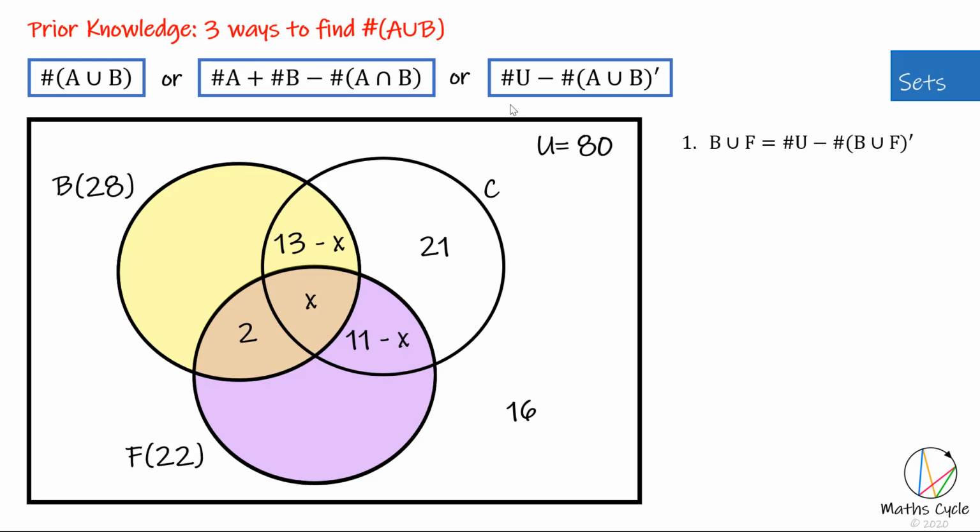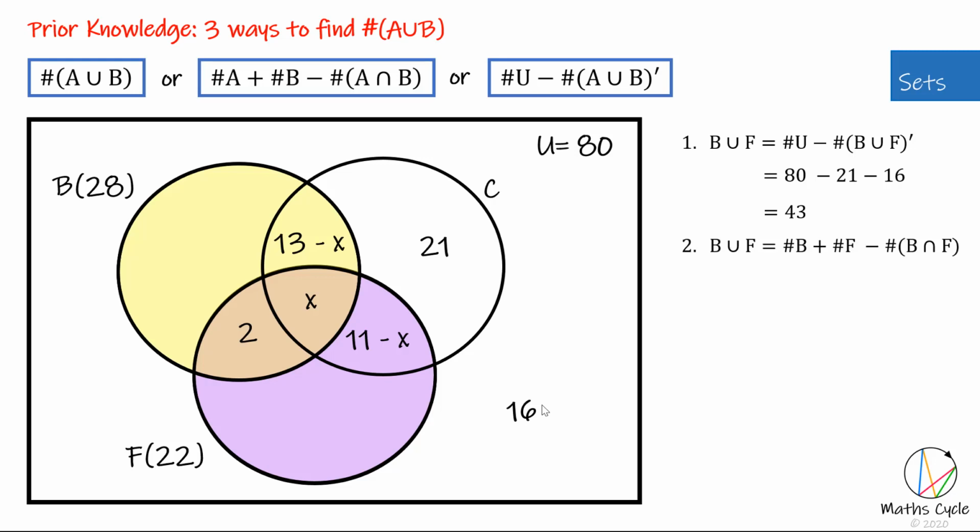So we could say that it's the universal set, take away the cardinal number of B union F complement. So here that would be the 80 in the universal set, take away this 21 that isn't in B union F and take away this 16 that isn't in B union F. And what we get there is 43. So that's one answer for B union F.